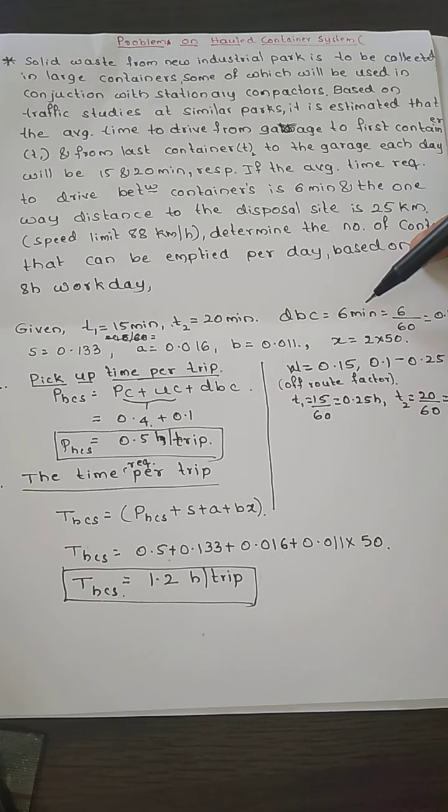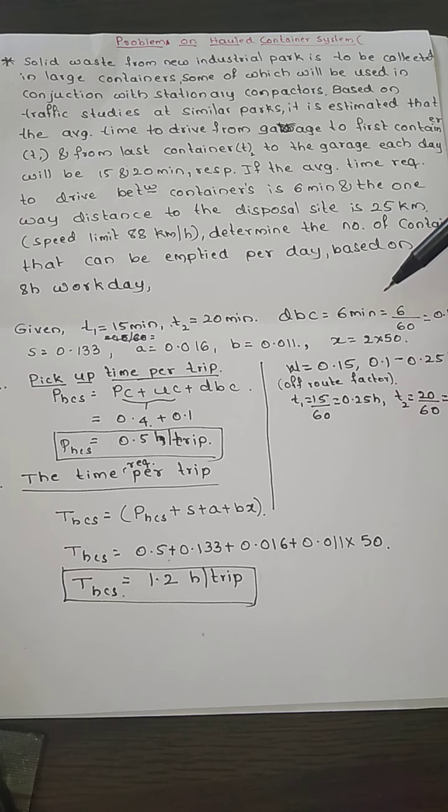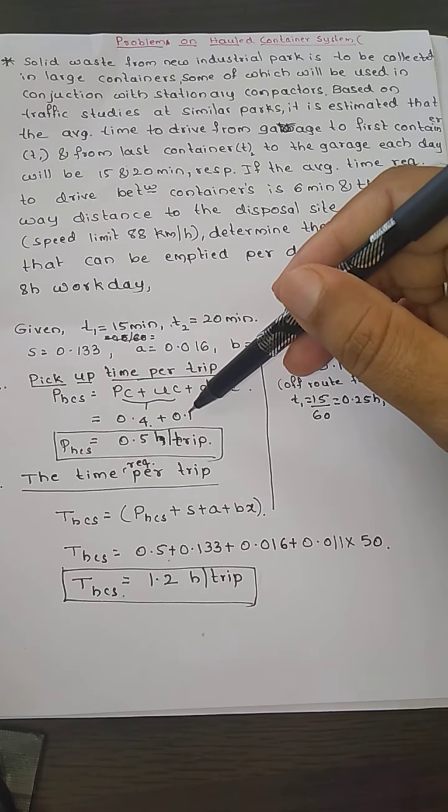So this DBC is in minutes, we need to convert it into hour. So 1 hour is going to have how many minutes? It is going to have 60 minutes. So 6 minutes, if we convert into hour, we will get 6 divided by 60. So it is 0.1 hour. So DBC is 0.1 hour.